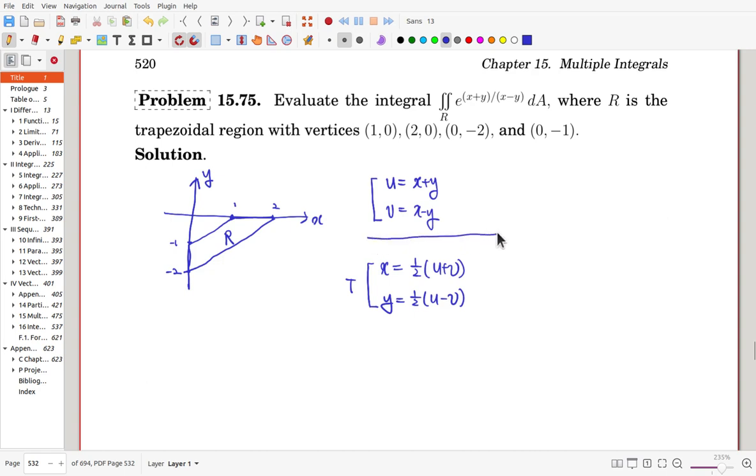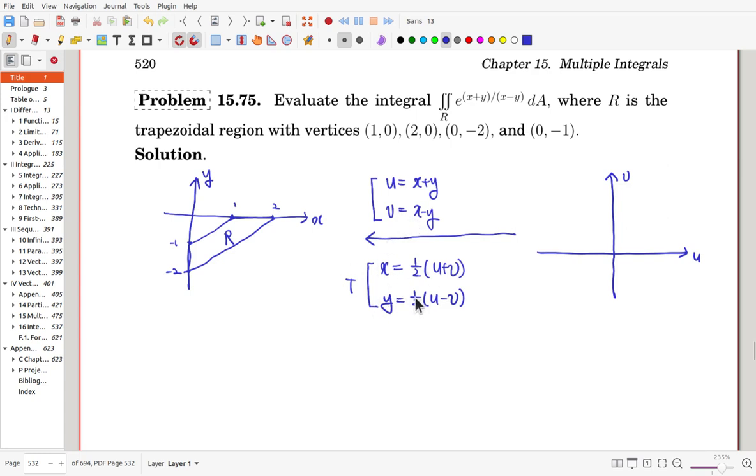Now let's figure out the pre-domain. That is the v-axis and that's the u-axis.